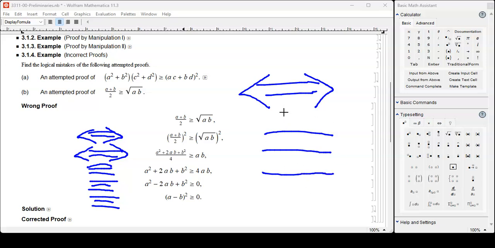They both mean logical equivalence. So a biconditional statement is a tautology, always true. And here the left-hand side and right-hand side are logically equivalent. They mean the same thing. So you can make this right by putting these in there, or you can restructure and make it into a proof by algebraic manipulation.